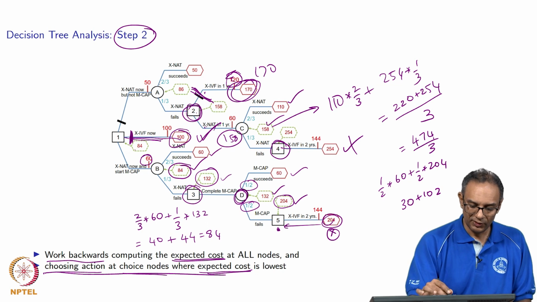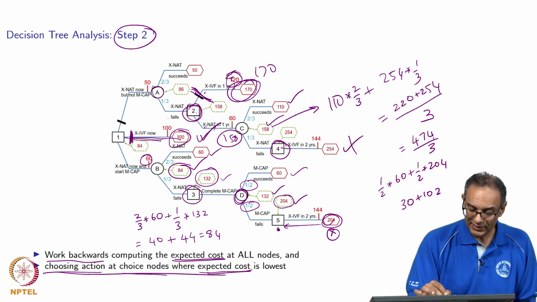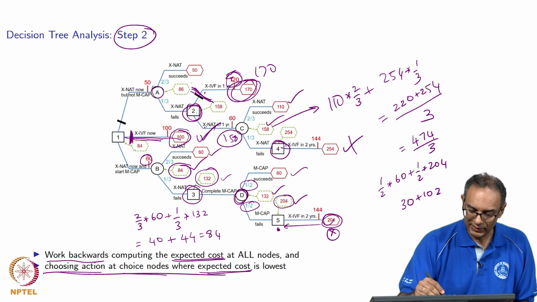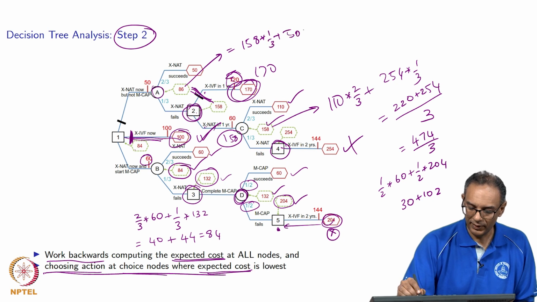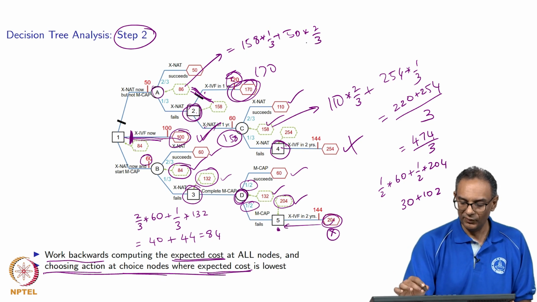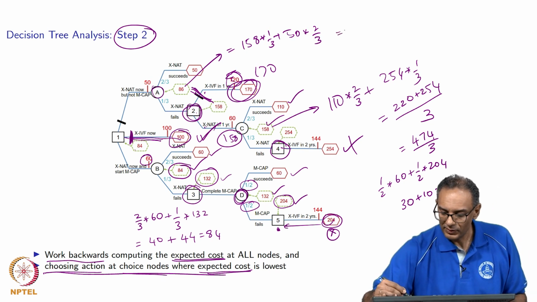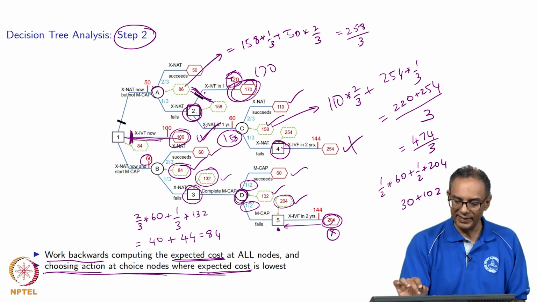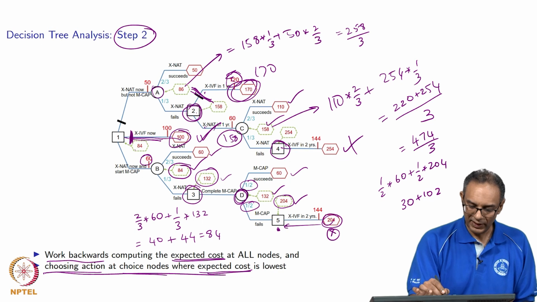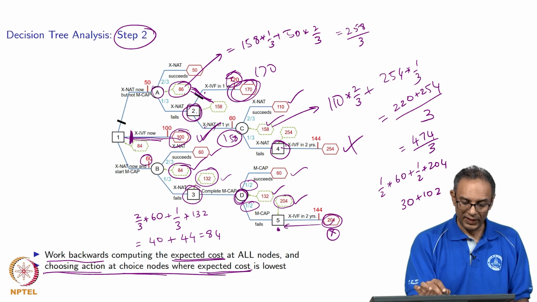Now, let us say we go to node A. So, from this side I have 158. So, this 86 basically is equal to 158 times 1/3 plus 50 times 2/3. So, that is 258 over 3, right. So, this is 258 over 3, which is equal to 86. Okay. So, that is your 86. So, now you have 86 here.